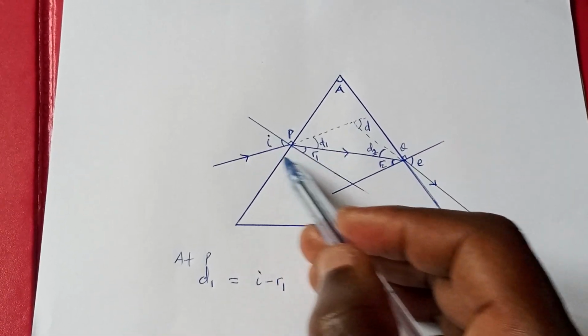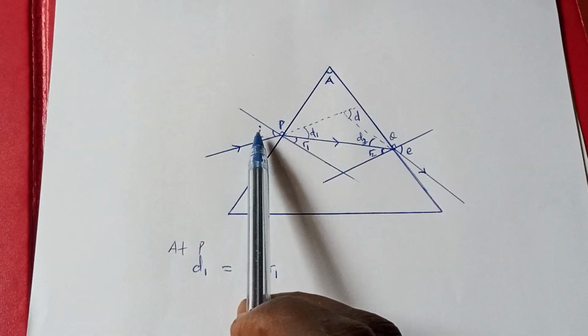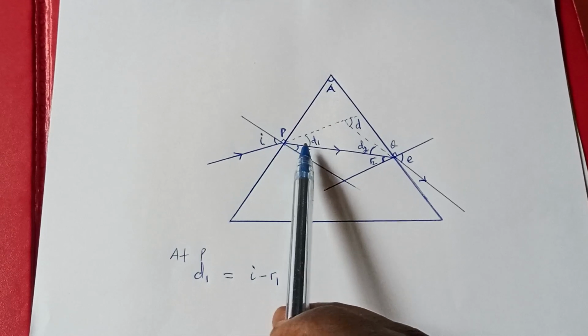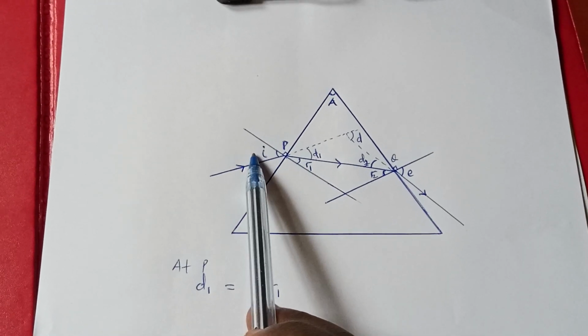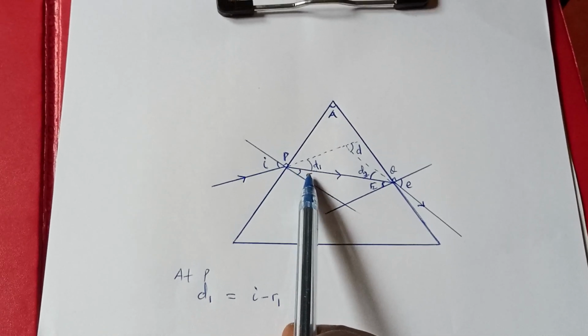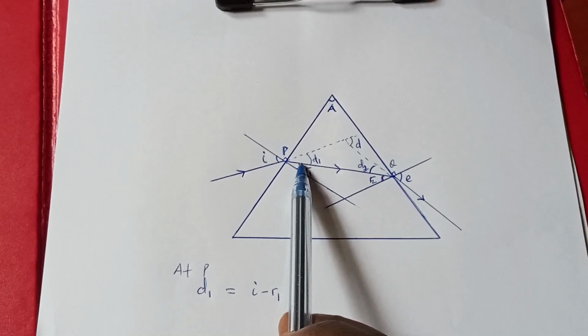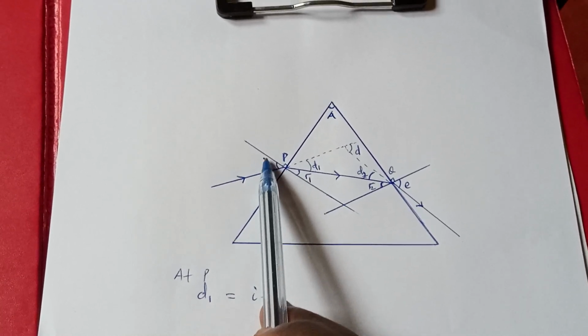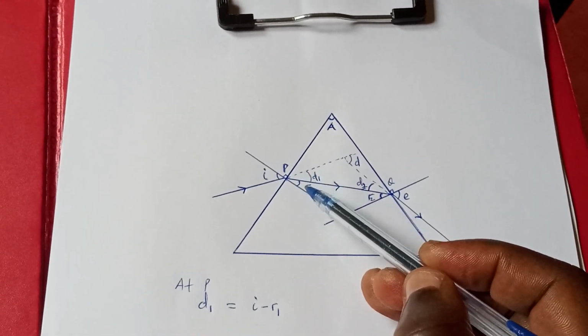These are two corresponding angles. Angle I will be equal to D1 added to R1. I will be equal to the angle of deviation caused at P, plus the angle of refraction at P. Since these two are corresponding, the whole of this angle is equal to the whole of this angle.